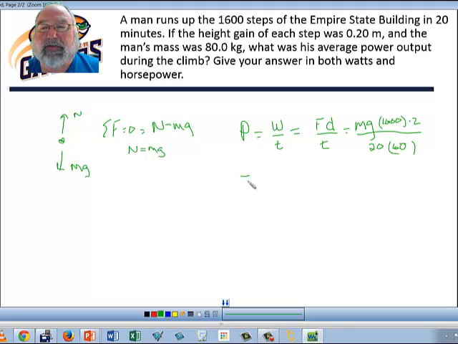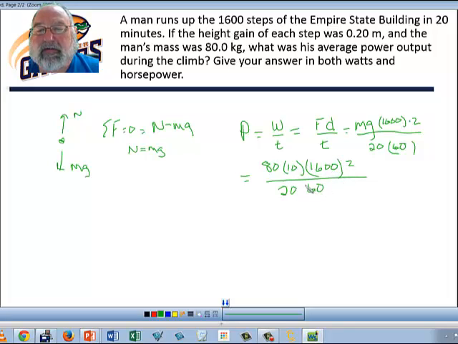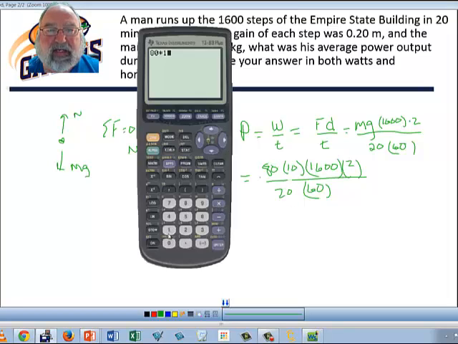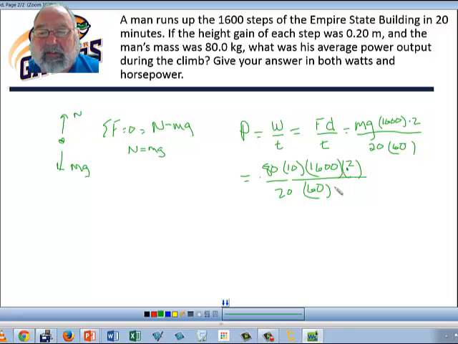Okay, so I'm going to plug the numbers in. So 80 times, I'm going to call it 10 just to make my life easier, times 1,600 steps times, oh, and that's 0.2 meters.